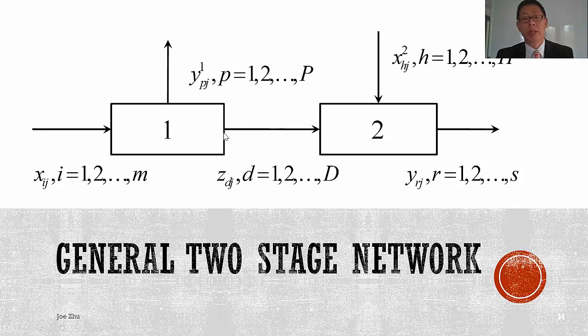It goes from 1 to 2, but in reality, you may have something that goes from 2 to 1. It depends. And from 2, everything goes up, but it can have a feedback measure that goes back to 1. And we already have those studies published in the journals. So this is a general two-stage network. All the x's, y's, and z's are observations in there.